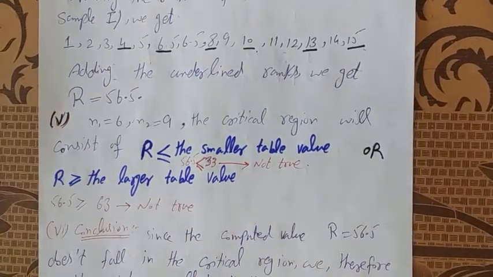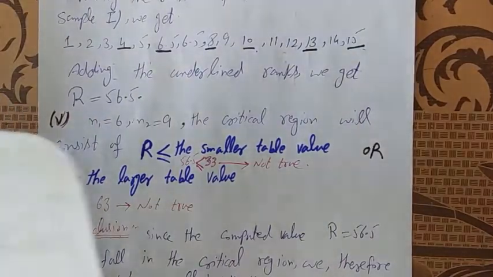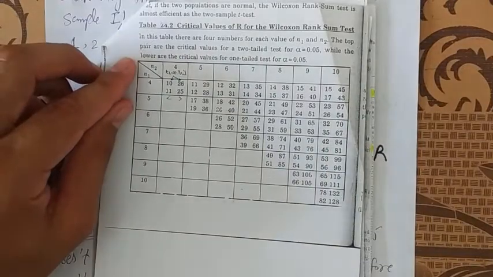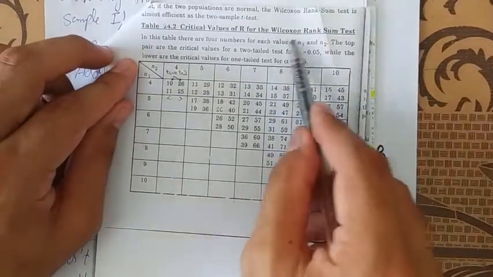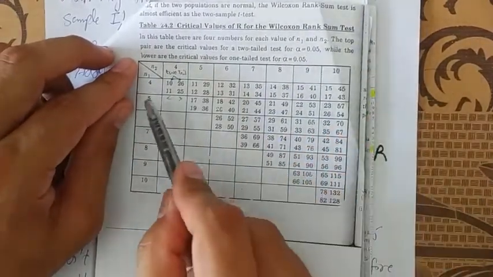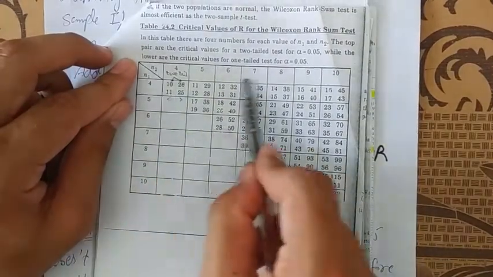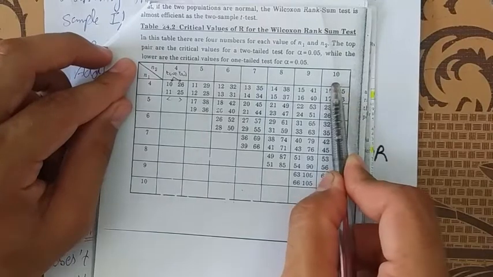Students, here we first see the table of the Wilcoxon rank sum test. This is the table for the Wilcoxon rank sum test. Students, N1 shows these values and N2 shows these values.